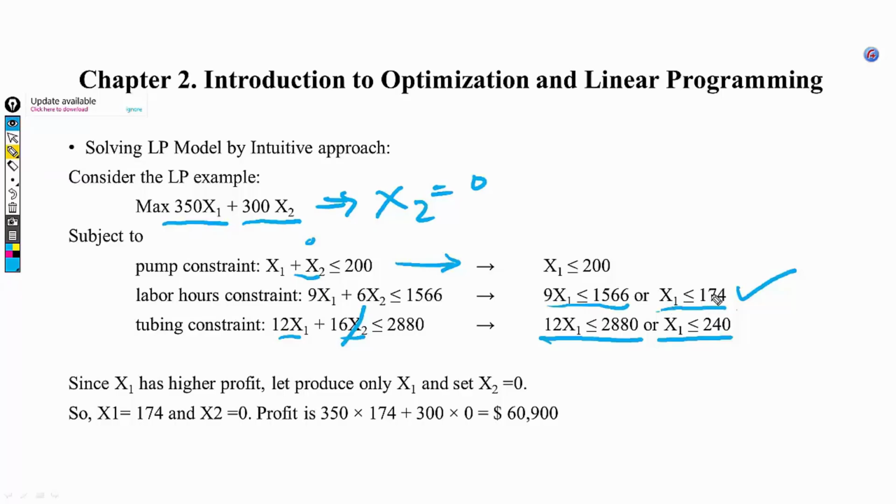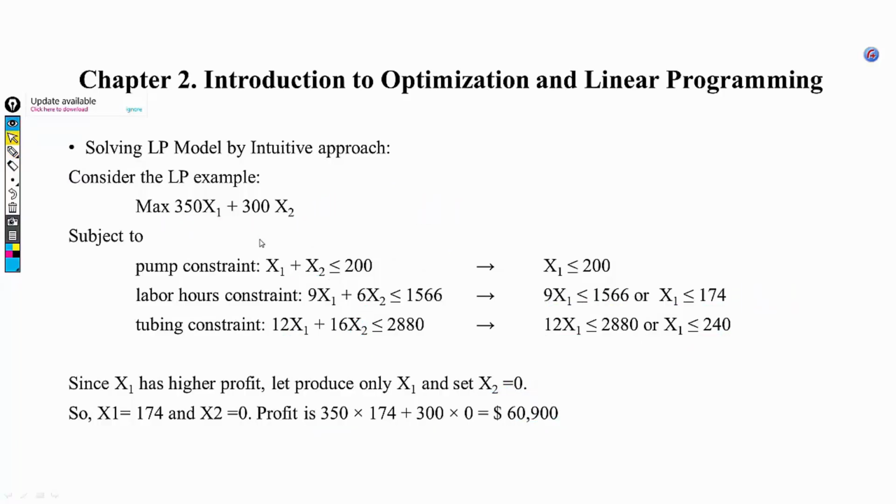So x1 is 174. If I put x2 0, the maximum I can produce from product 1 is 174, and my profit based on this production plan would be $60,900.